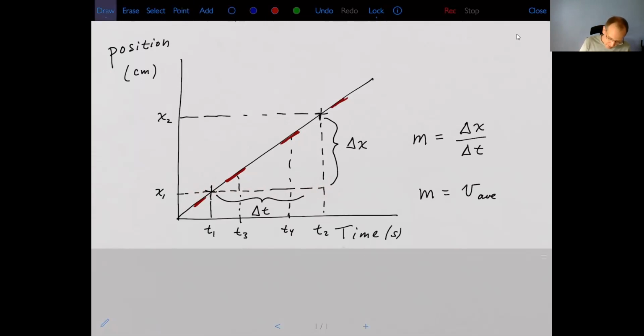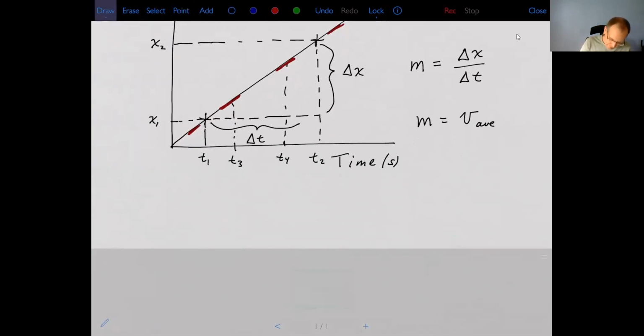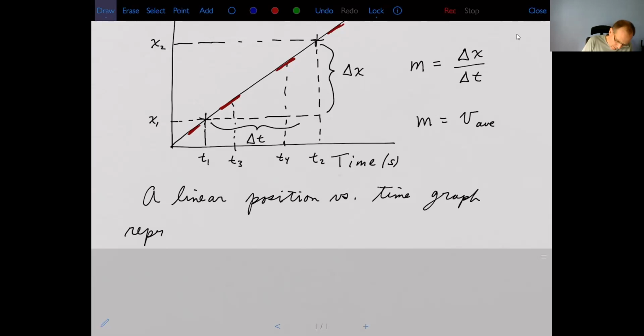So let me write that somewhere. A linear position versus time graph represents constant velocity motion.